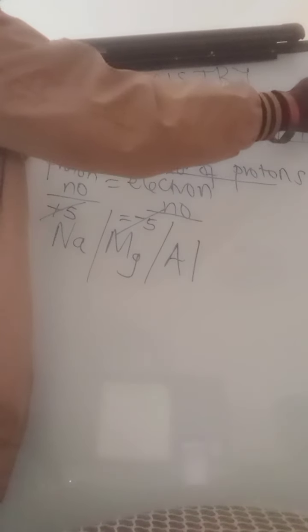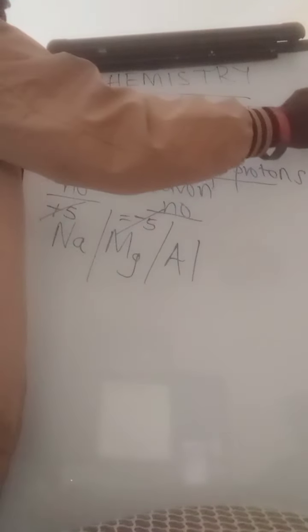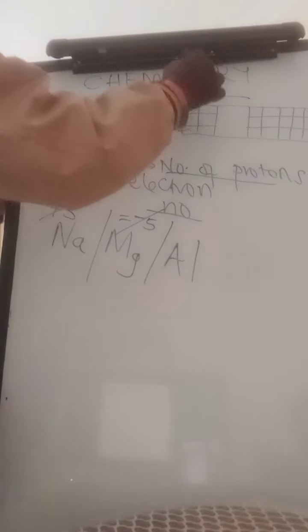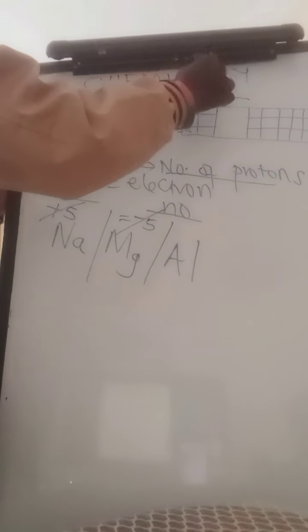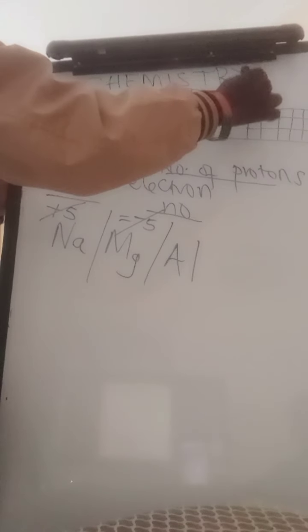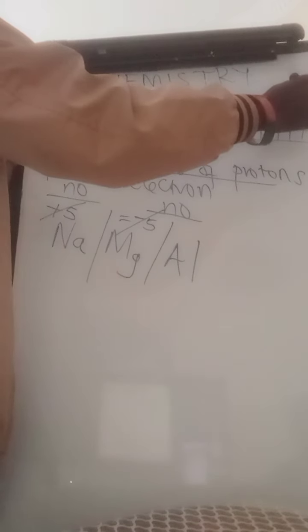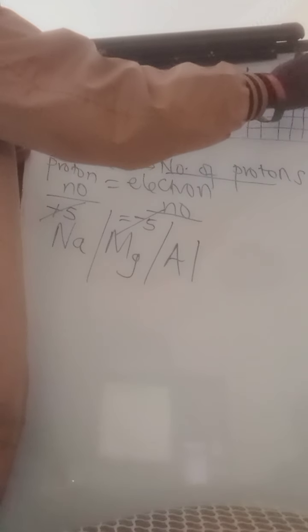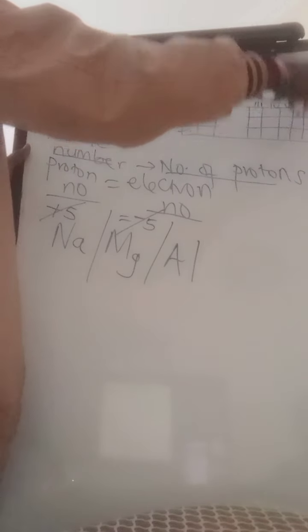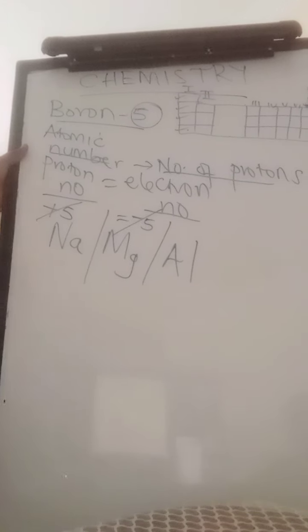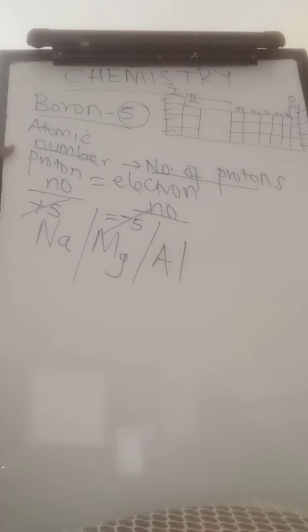Then the groups: the first group, the second, the third, the fourth, the fifth, the sixth, the seventh, then the eighth. So these are called group 8 or group O elements.